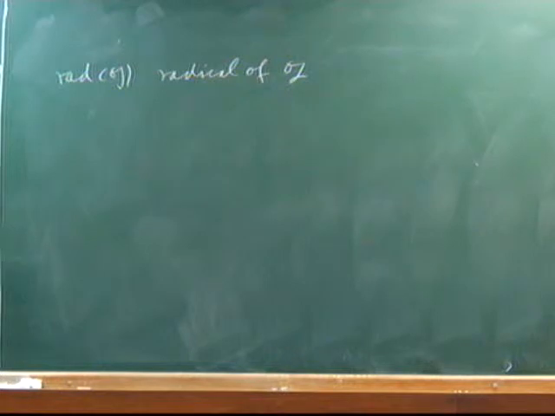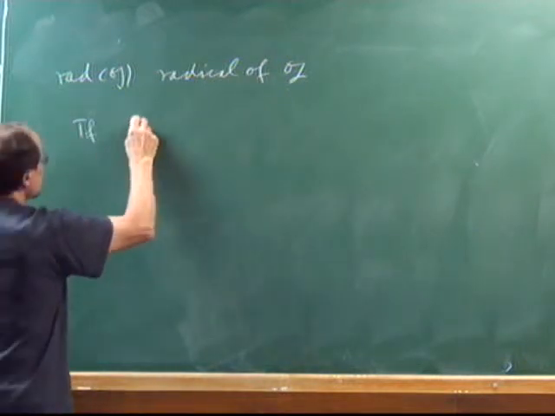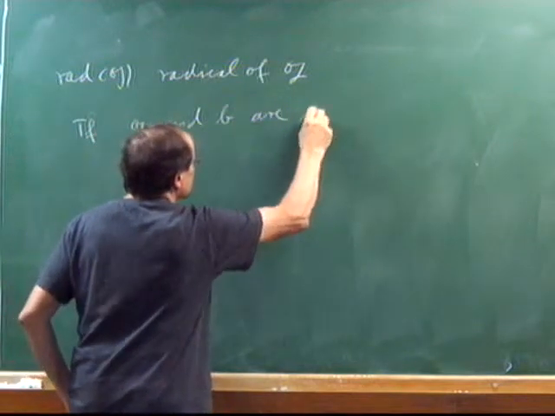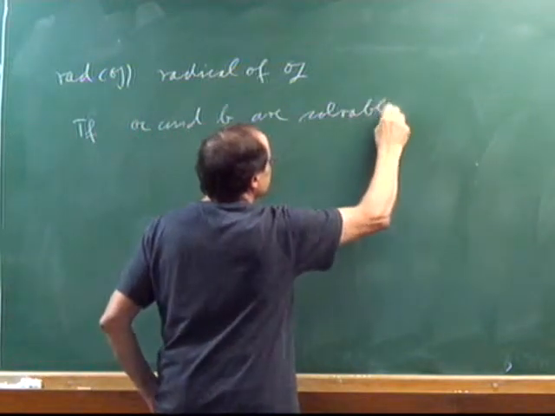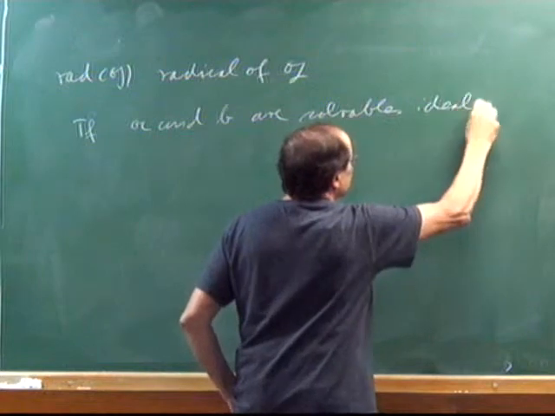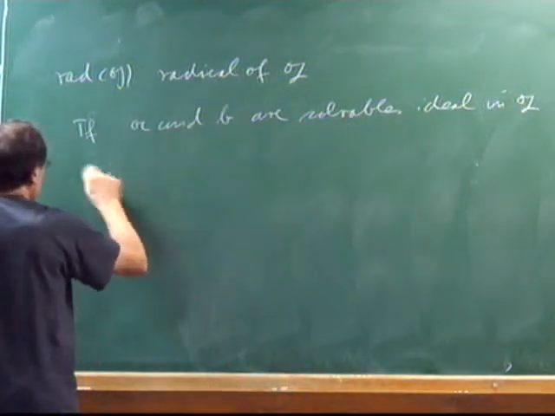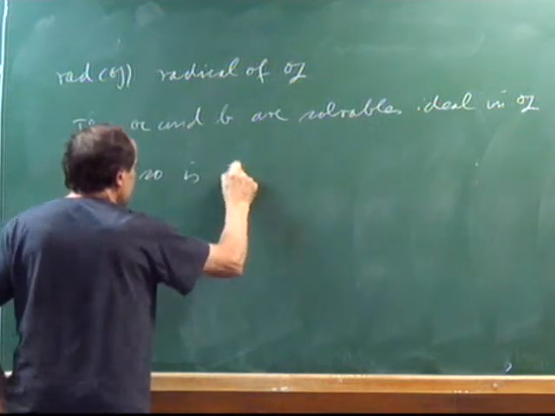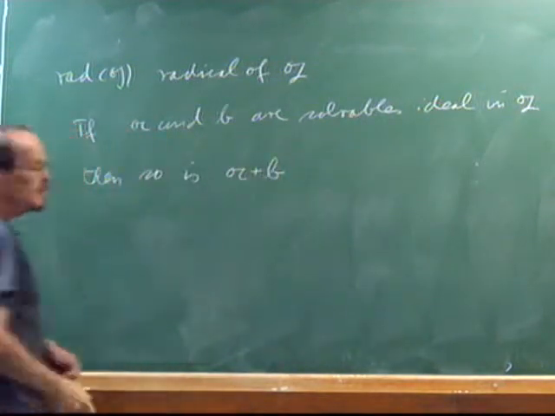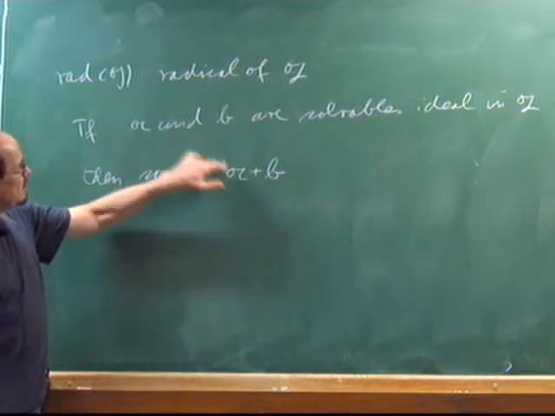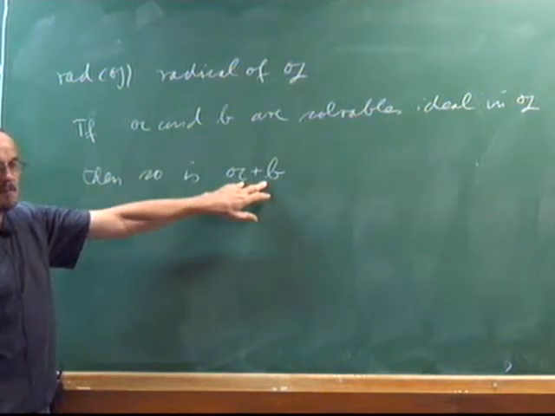First notice that if A and B are solvable ideals in G, then so is the sum. Meaning, there might be an intersection, I'll just take the sum of these as vector spaces, and certainly a sum of two ideals is an ideal, but if these two are both solvable, this is also solvable.